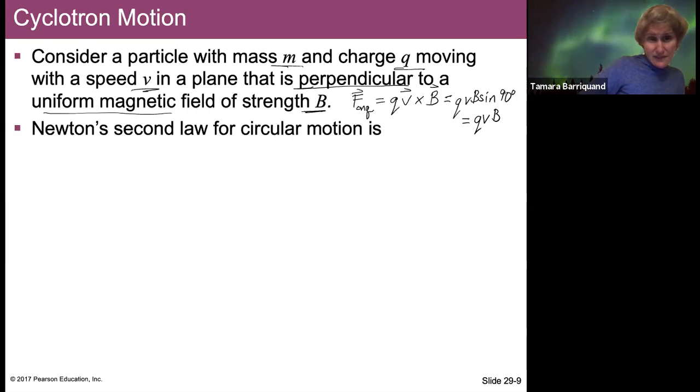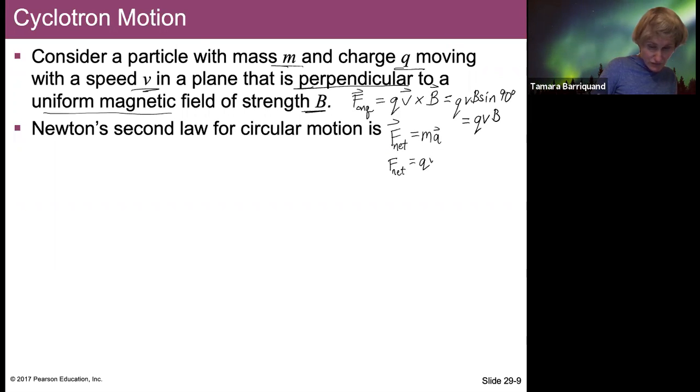Now, Newton's second law tells us, first of all, that the sum of all the forces in a certain direction is equal to the mass times the acceleration. In this case, the sum of the forces is just the magnetic force that we found, QVB, and that will equal the mass times the acceleration.